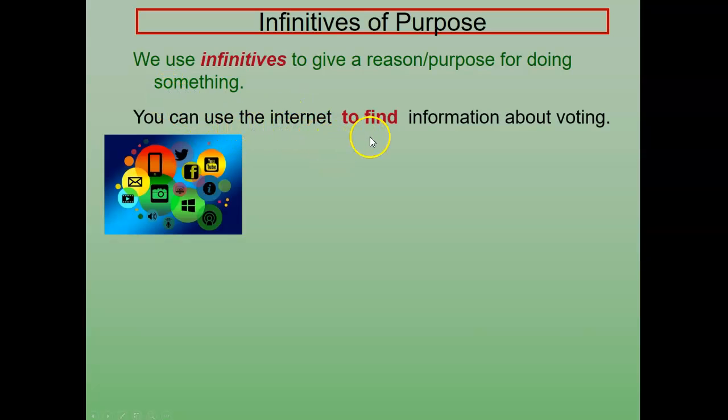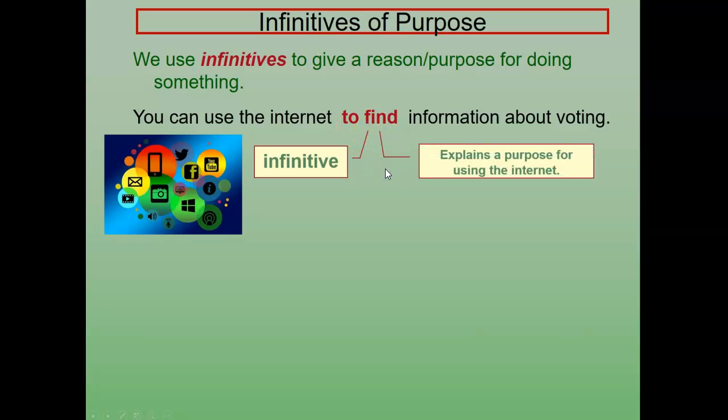You can use the internet to find information about voting. For example, the infinitive to find here provides a purpose for using the internet. Why do you use the internet? Well, it is to find information about voting.